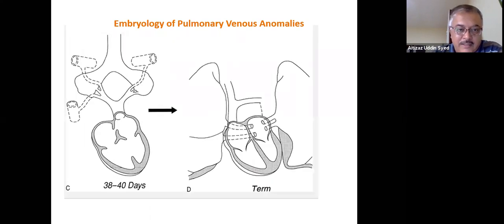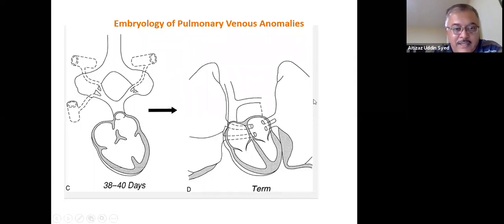They meet the developing buds from the left atrium, and initially this is one canal, and this connection goes up to here, and then we end up with around four openings of all of the pulmonary veins going to the left atrium.